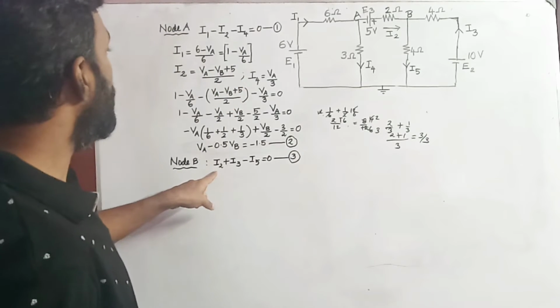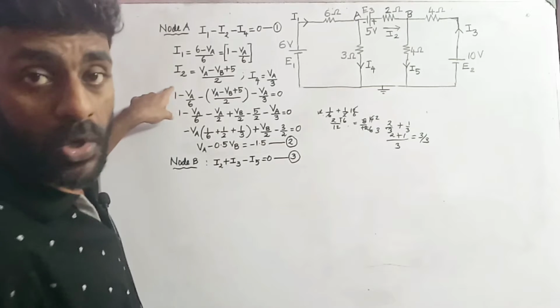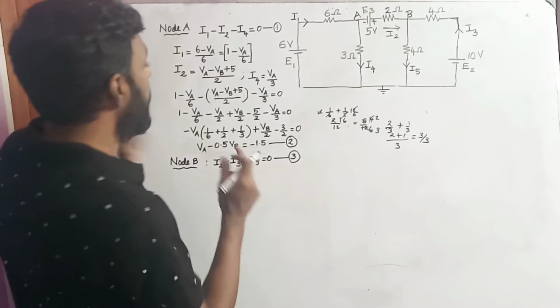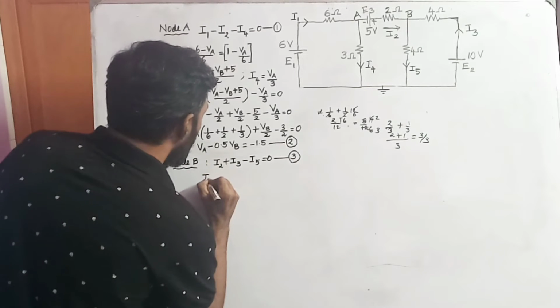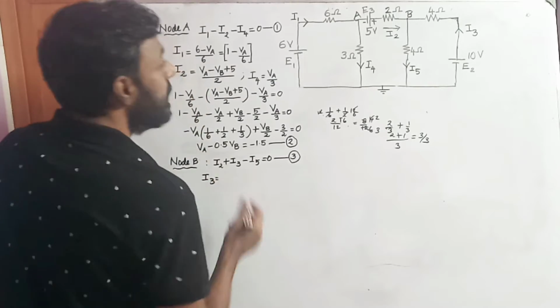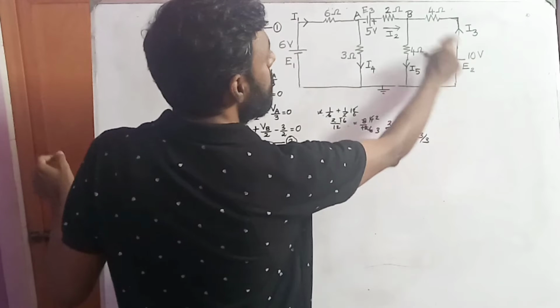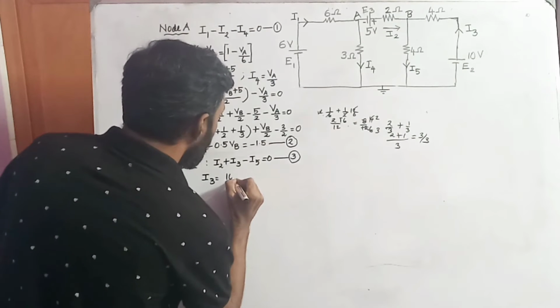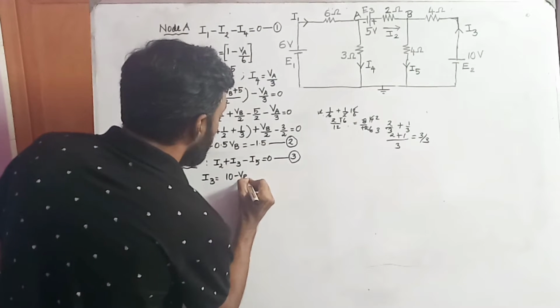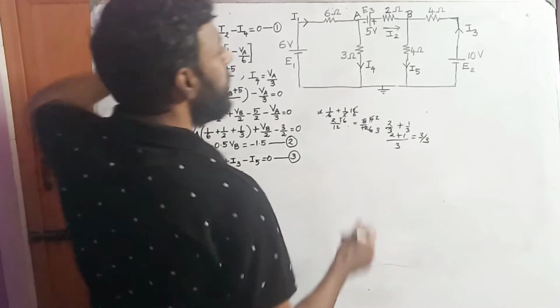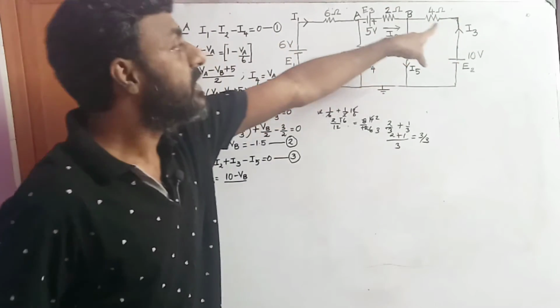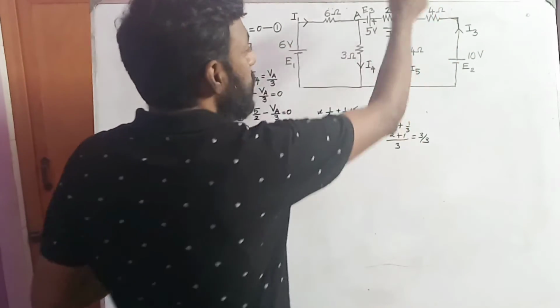I2 value we have already found, so no need to calculate it. We need to find I3. I3 will be equal to the difference in potential, that is 10 minus VB, divided by the corresponding resistance connected in this branch, that is the resistor of 4 ohms.